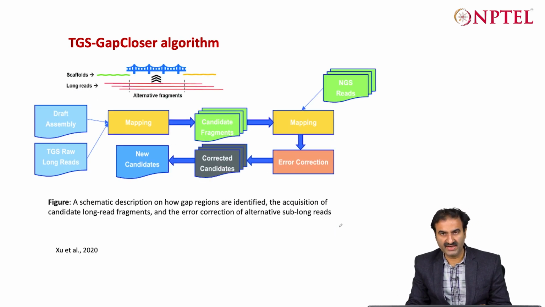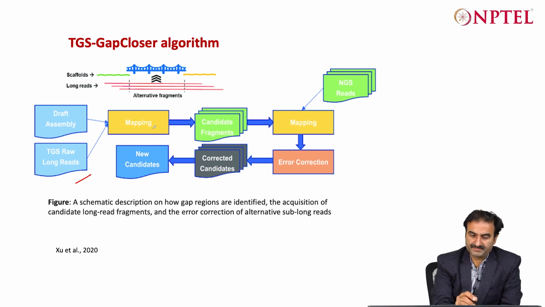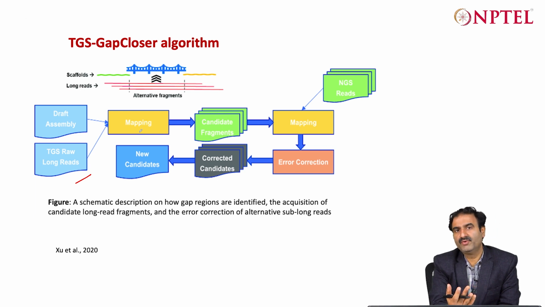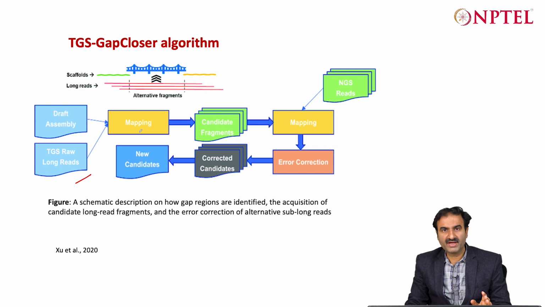So in detail, taking the draft assembly and long reads only, it will map the long reads in the first step to fill up the gap, because to fill up the gaps long reads will be more useful as compared to short reads. And in the long reads, you might have chosen a cutoff during the initial assembly, that reads above 5 KB should be taken, right.